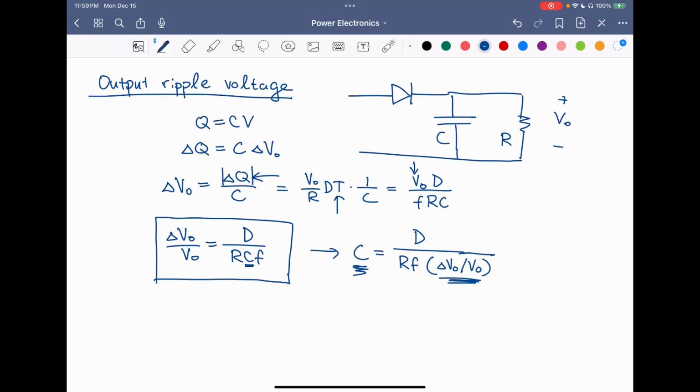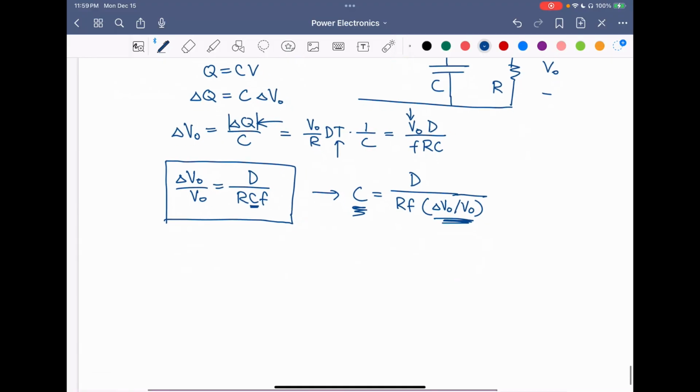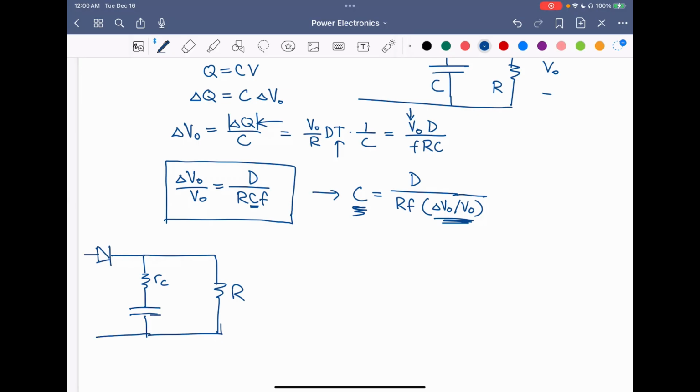Now, it is important to keep in mind that in real circuits, the capacitance will have an unavoidable equivalent series resistance. This resistance is RC, and this whole branch is parallel to the load resistor R. So this ESR resistance, this little RC, will also contribute, sometimes very significantly, to the output voltage ripple.